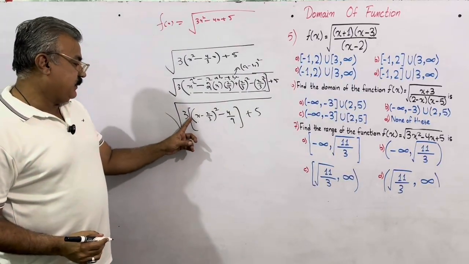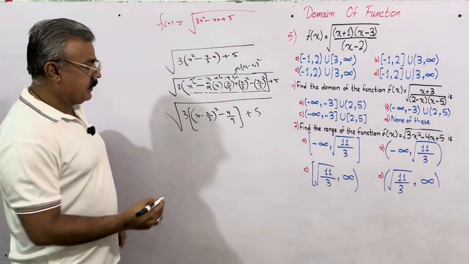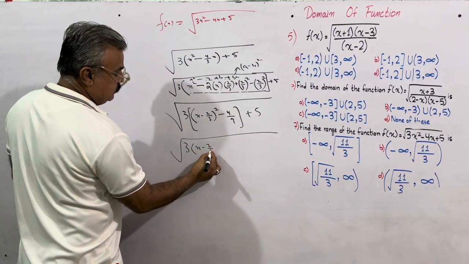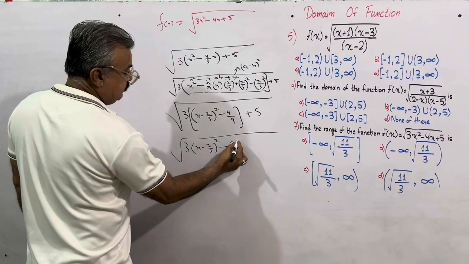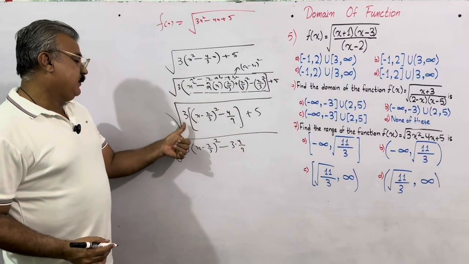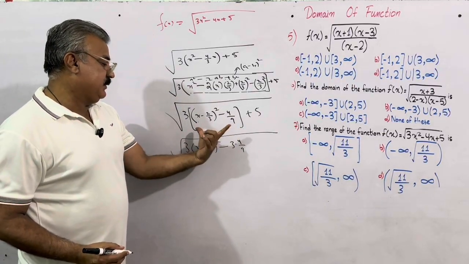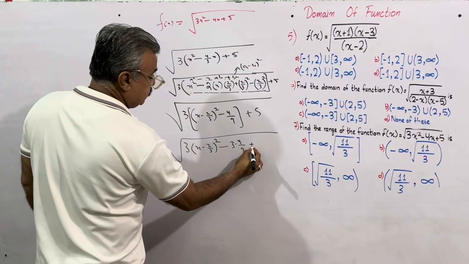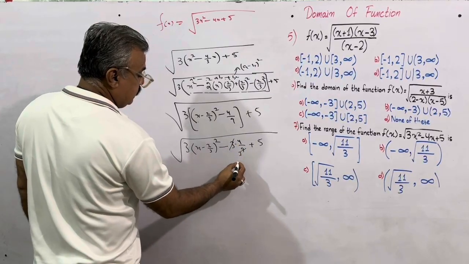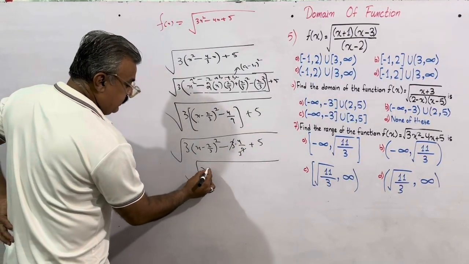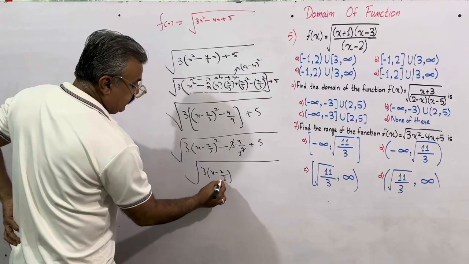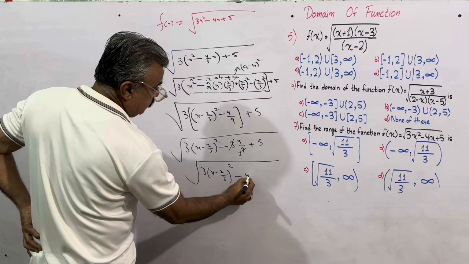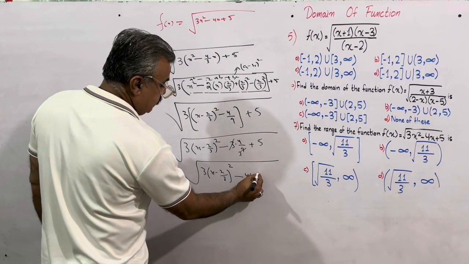Now 3 with this bracket, 3 with this 4 over 9. I have 3 times x minus 2 over 3 whole squared minus 3 times 4 over 9. This 3 is to be multiplied up to here because 3 is in multiplication with this bracket, not with 5. This 5 remains the same. Now I have something like 3 times x minus 2 over 3 whole squared minus 4 over 3 plus 5.